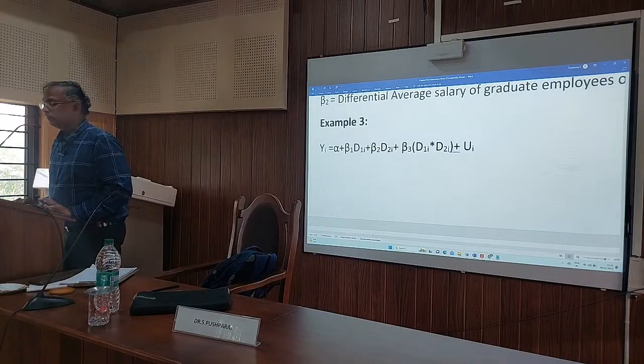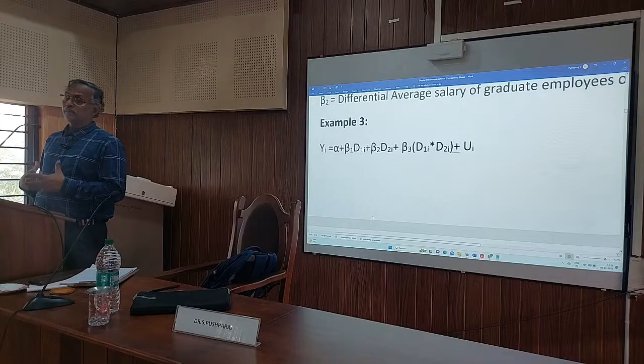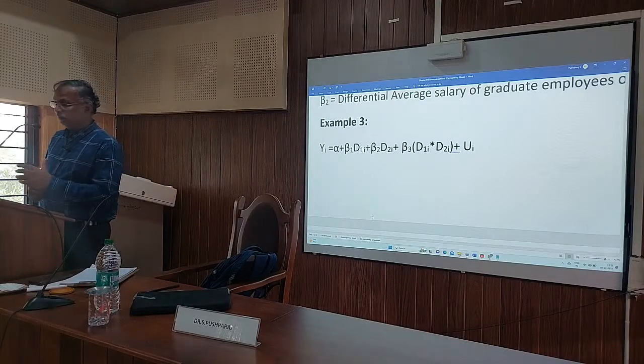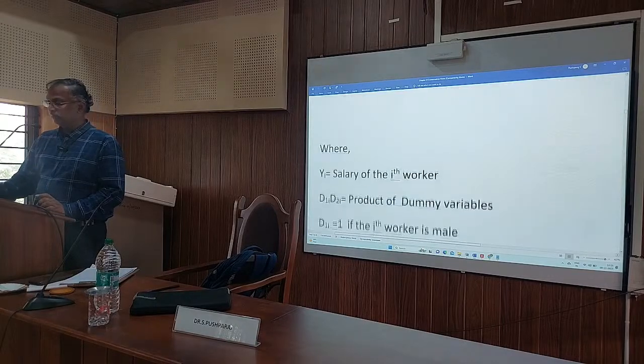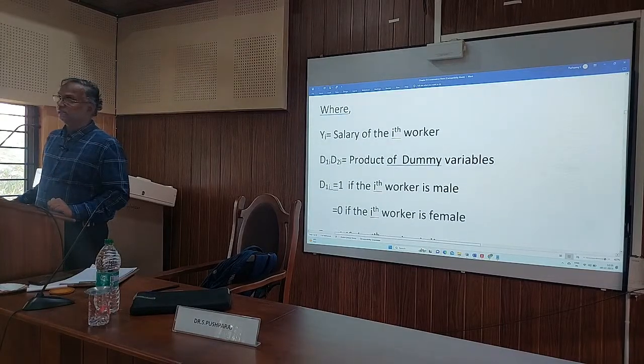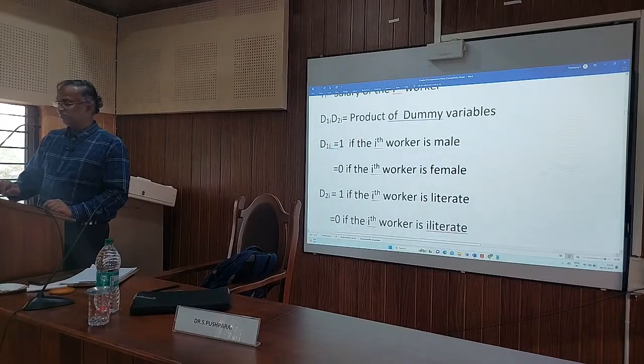Here, this alpha now would represent the salary of the double disadvantaged employees. Female, right? If I included male dummy, what is the excluded category here? Female, right? What is the dummy here?